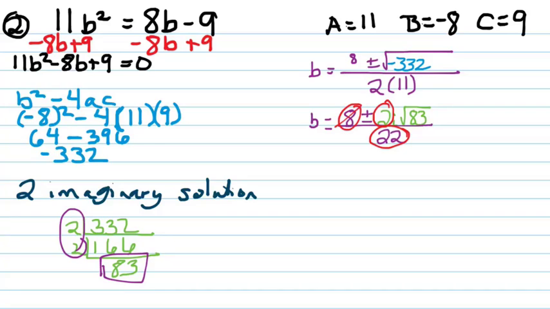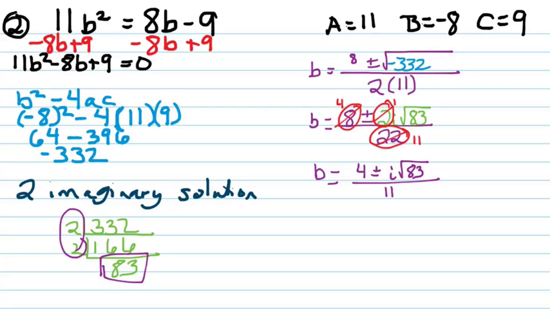A 2 can divide into every single one of those. And so that's going to simplify, and we're going to get a 1 here, a 4 here. If it cannot divide into all 3 spots, we cannot divide. And so we can only simplify if it can divide into all 3 spots. And in this case, it can. And so we have 4 plus or minus i on the square root of 83 divided by 11.